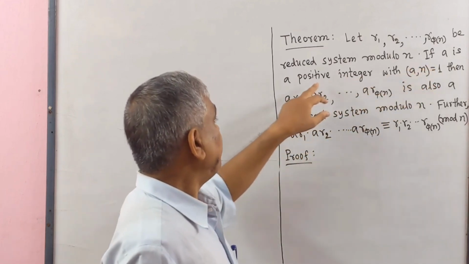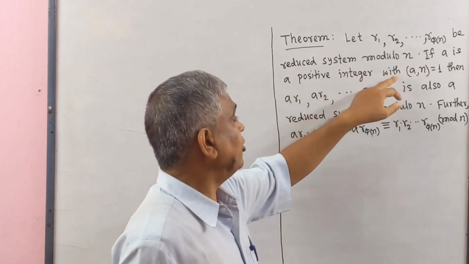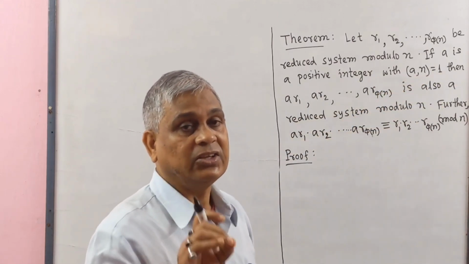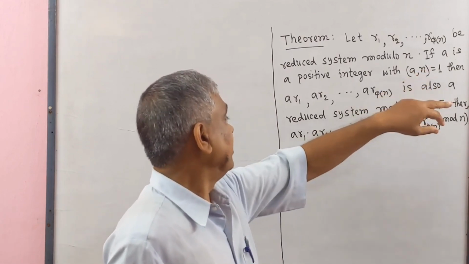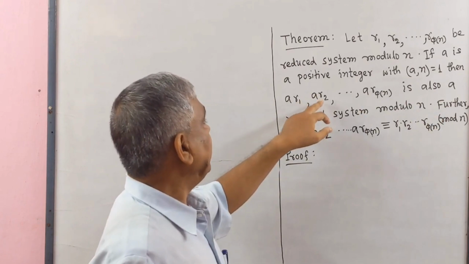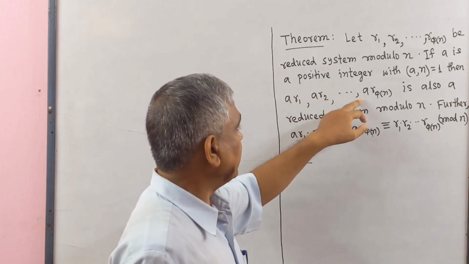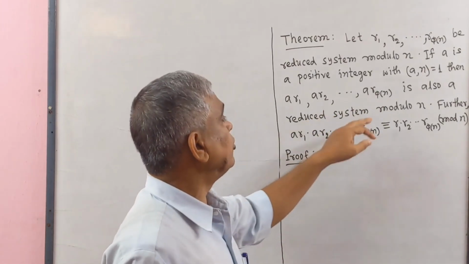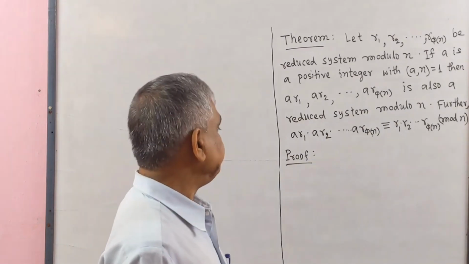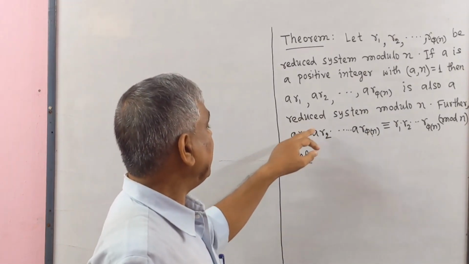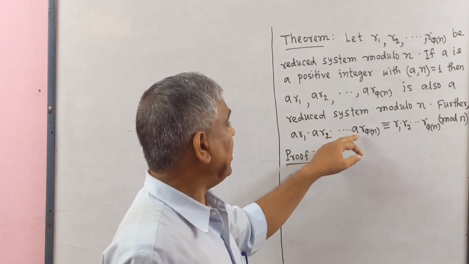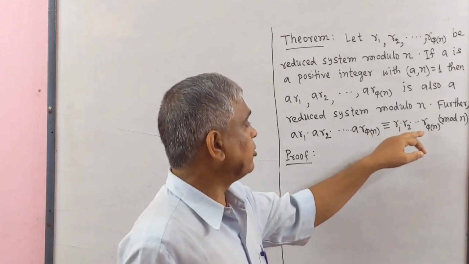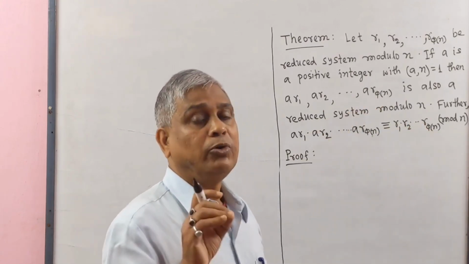If a is a positive integer with GCD of a and n equal to 1, that means a is relatively prime to n, then a r1, a r2, ..., a r phi n is also a reduced residue system modulo n. Further, a r1 multiplied by a r2 multiplied by ... a r phi n is congruent to r1 multiplied by r2 multiplied by ... r phi n modulo n.